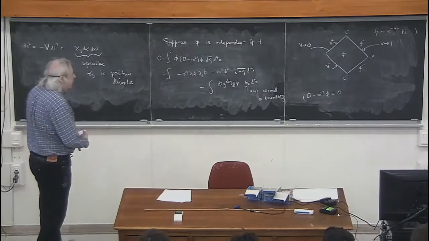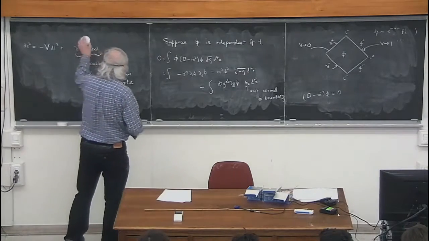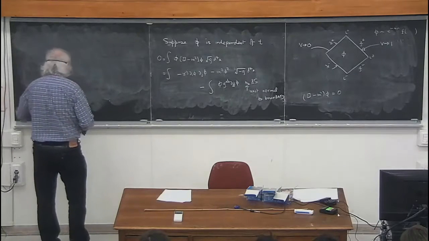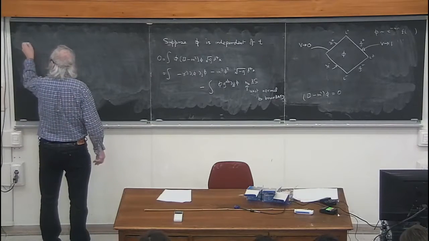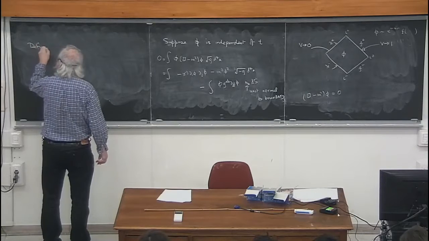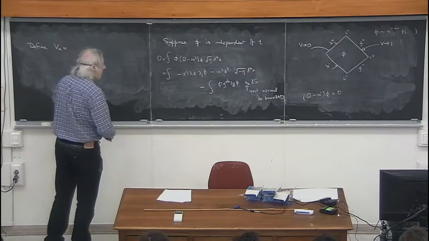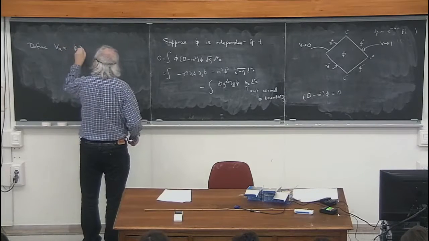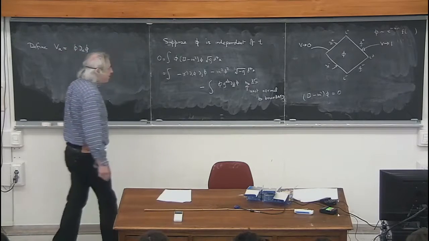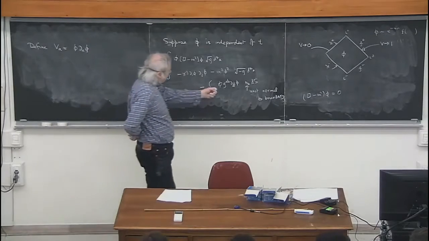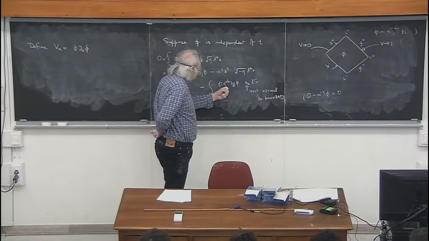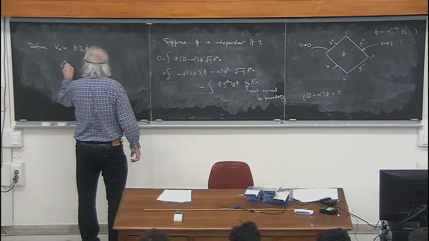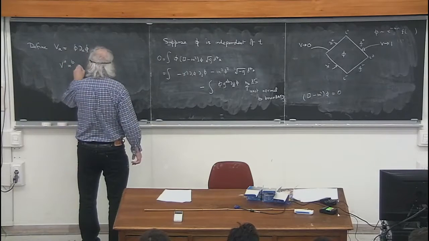So the way to deal with this is just to define a vector V_a to be equal to phi d_a phi. Then what this thing here is basically V_a n_b g^ab.